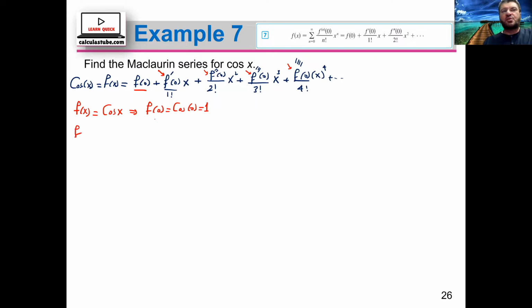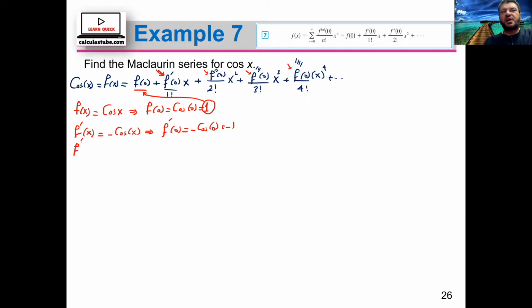Now, what did we just find? This one is exactly f of 0. Now let's find f prime of 0. I'm going to first find f prime of x. The derivative of cosine is negative cosine x. So what does this imply? F prime at 0 is negative cosine 0, which is negative 1. So now we got f prime at 0, guys.